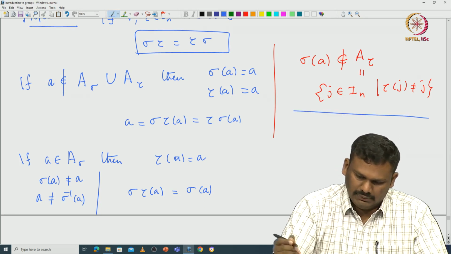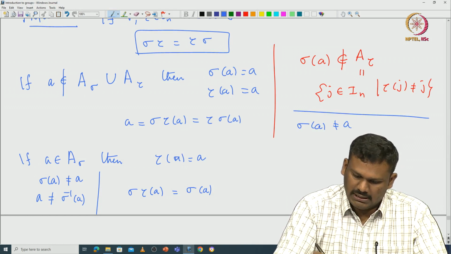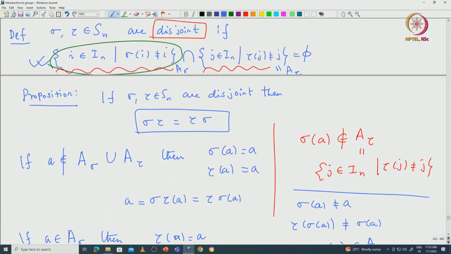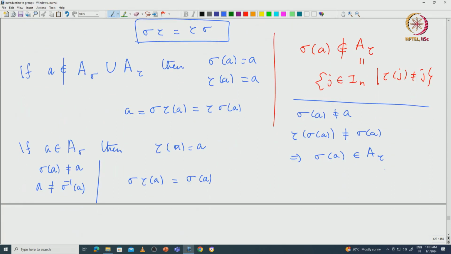But anyway, note that sigma of A is actually not equal to A. So, in case tau of sigma of A is not equal to sigma of A, then that would imply that sigma of A is actually inside this A tau. Okay. Because A tau is defined to be those indices j such that tau of j is not equal to j.